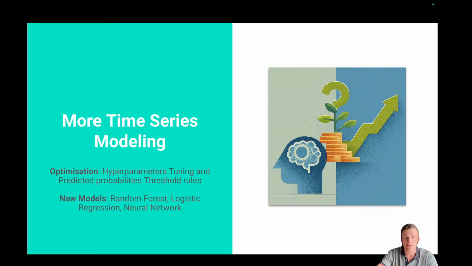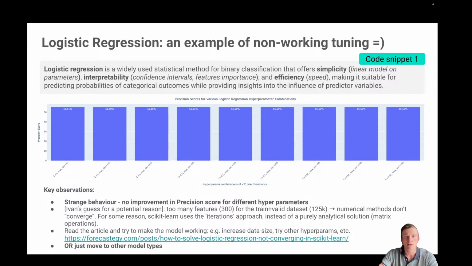We will also cover random forest, logistic regression, and neural network, but we will use for further simulations only random forest because it seems to be working well as a single decision tree.